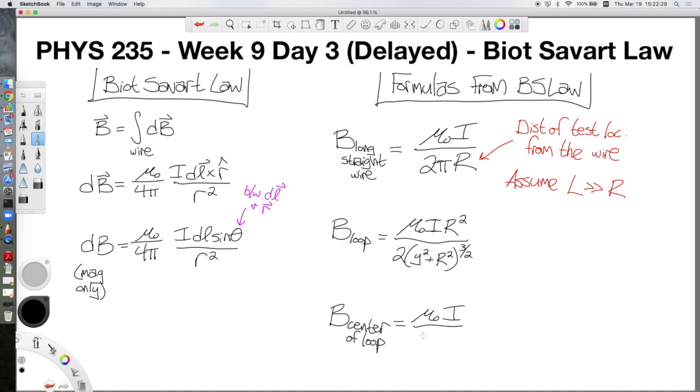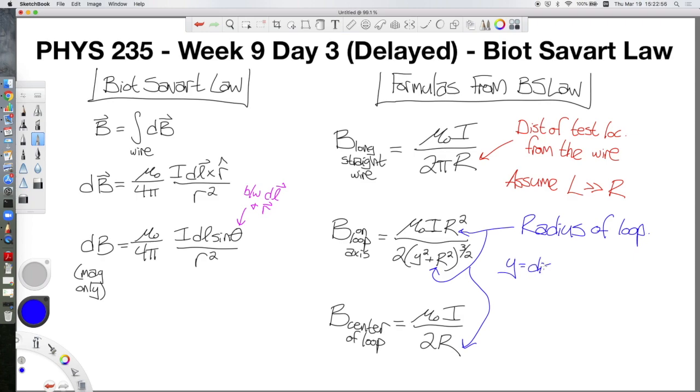You might more properly call the one above "on loop axis." Where, just to clarify the different definitions of r here, these r's are the radius of the loop, and y is the distance of the test location from the center of the loop.